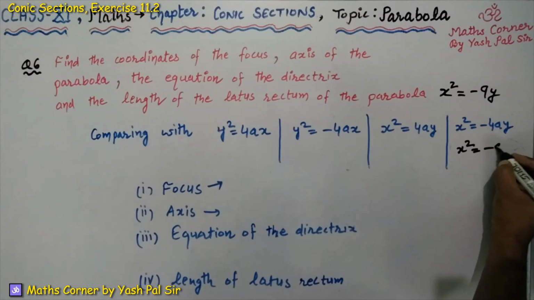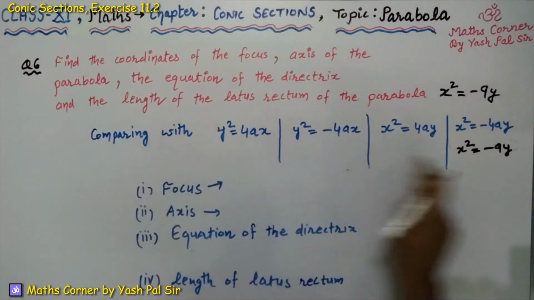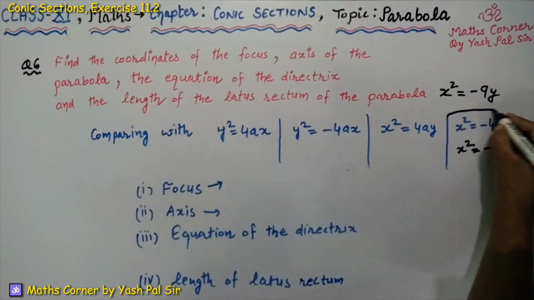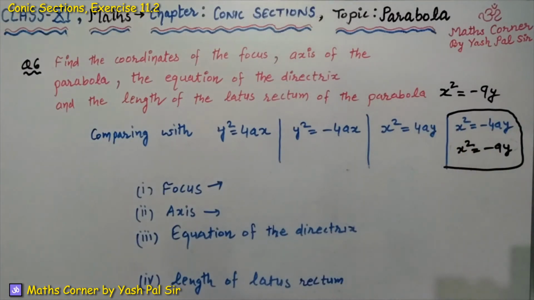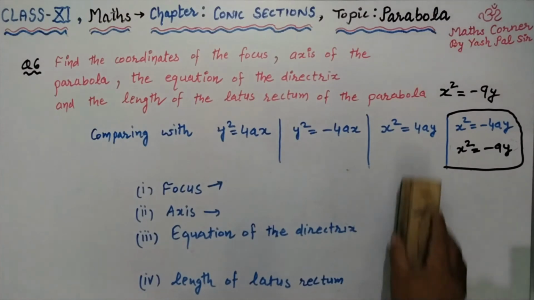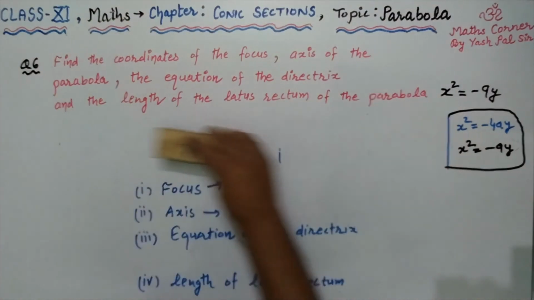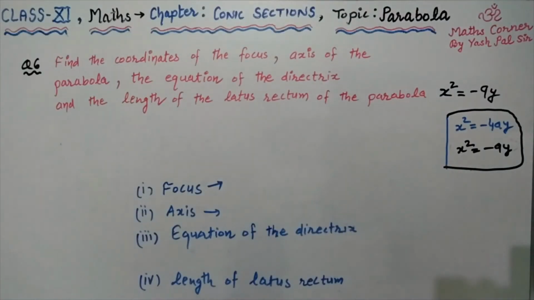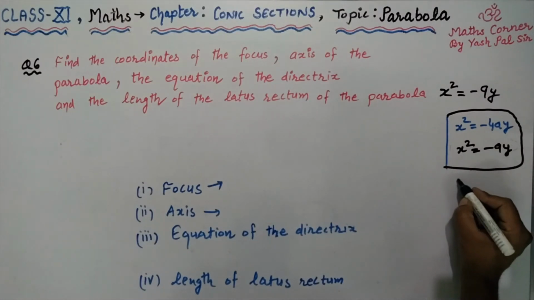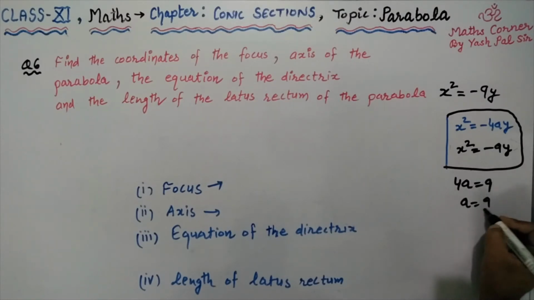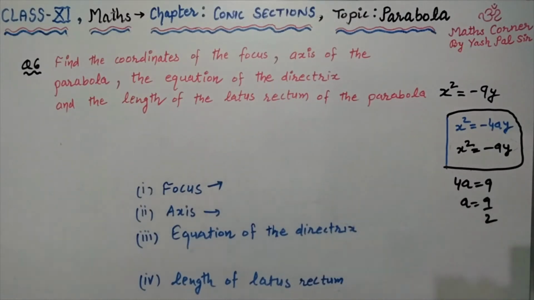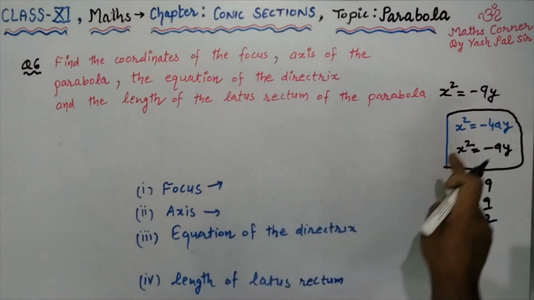Comparing with this equation, mean to say, only this is applicable, so we can remove all these equations. On comparison, we have 4a equal to 9, that is a is equal to 9 upon 2, right?